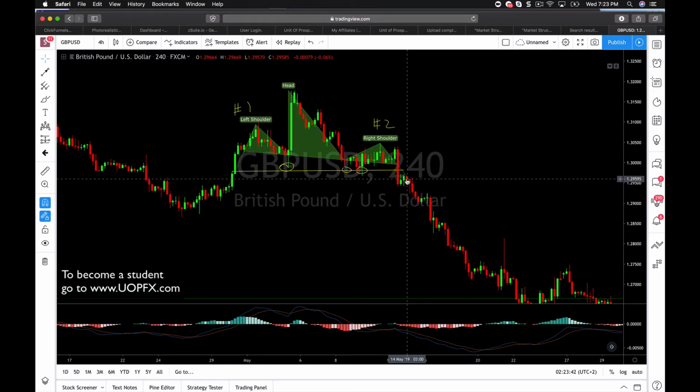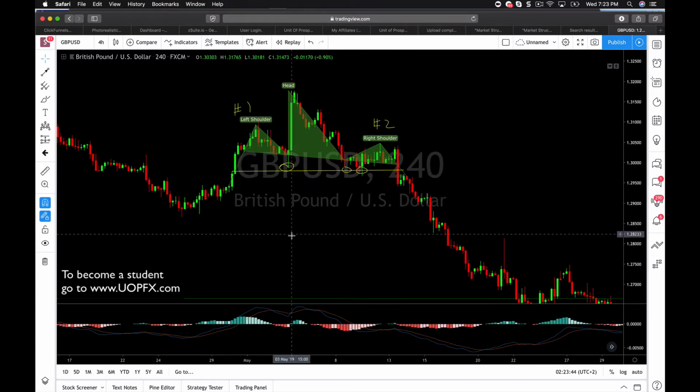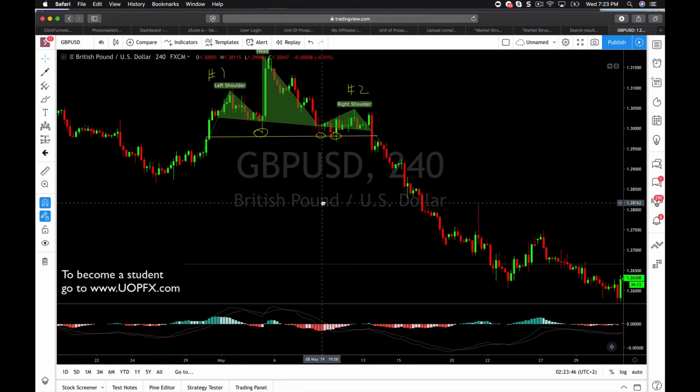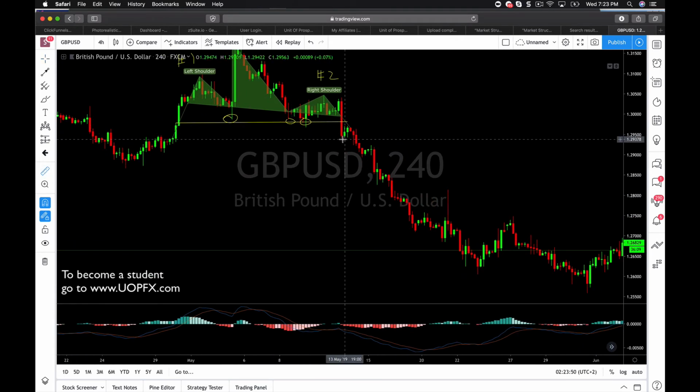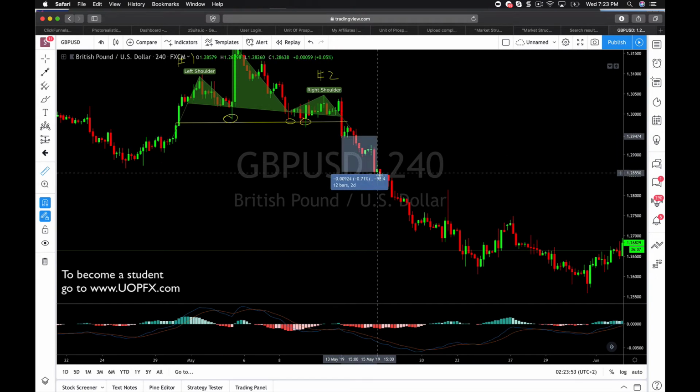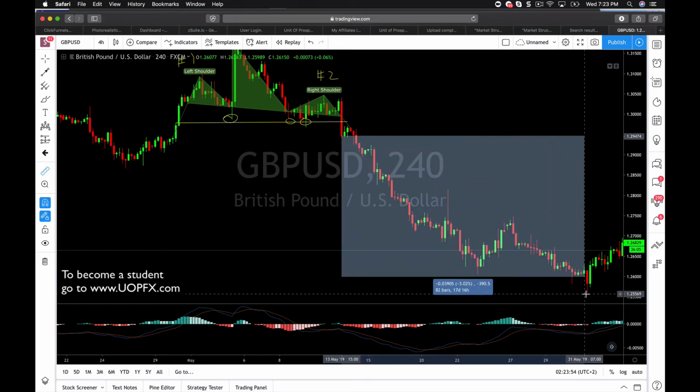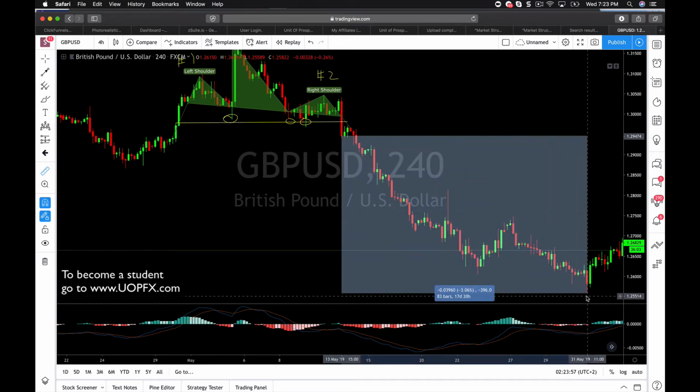Once that break happened, you notice that price dropped a very, very long way. We're going to take it from here all the way down here, and you're looking at a 396 pip drop from the close of the candle once it broke the neckline.